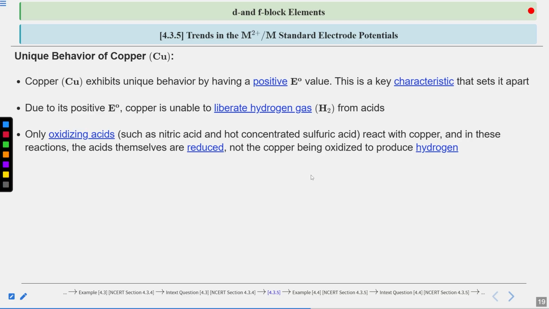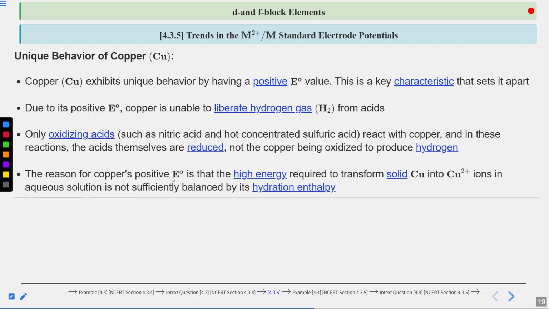The reason for copper's positive E naught is that the high energy required to transform solid copper into Cu2+ ions in aqueous solution is not sufficiently balanced by its hydration enthalpy.